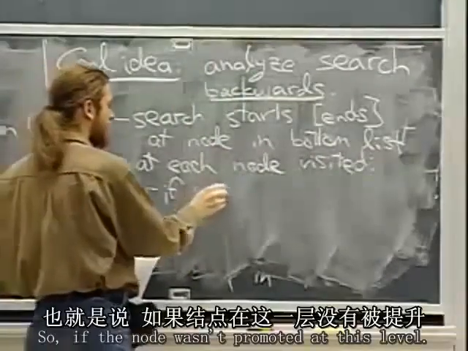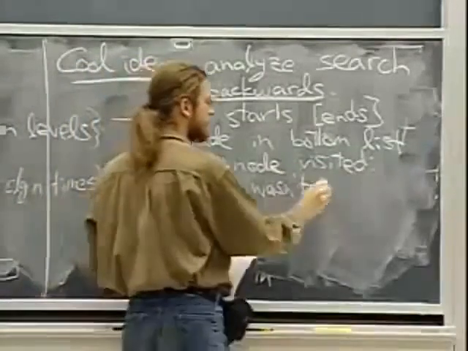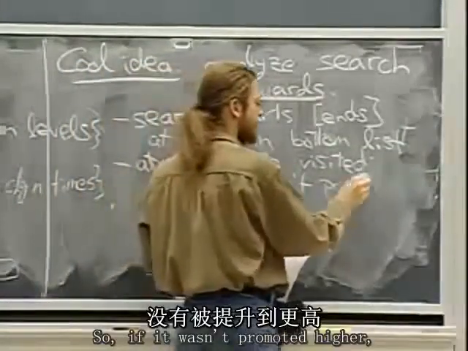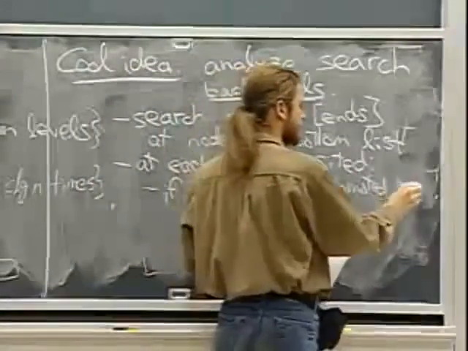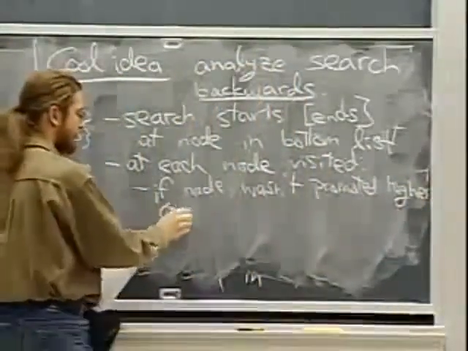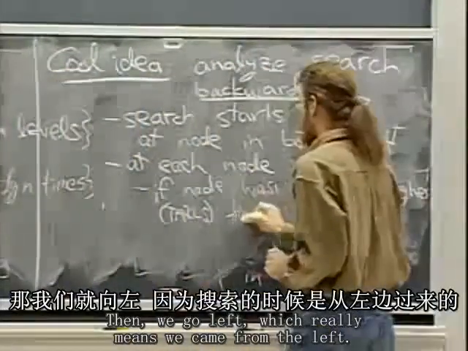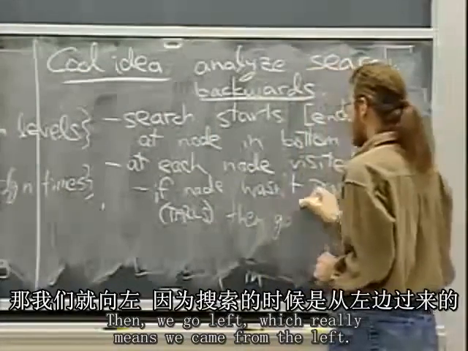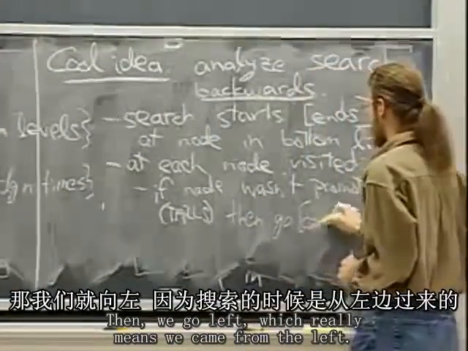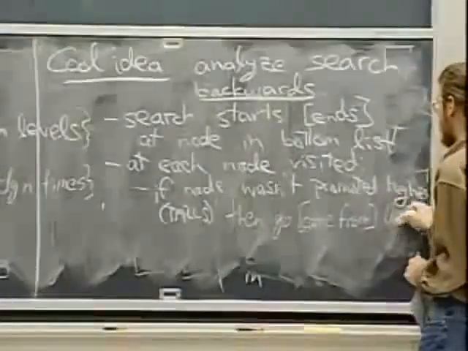So if the node wasn't promoted at this level, so if it wasn't promoted higher, and that happened exactly when we got a tails, then we go left, which really means we came from the left. Okay?